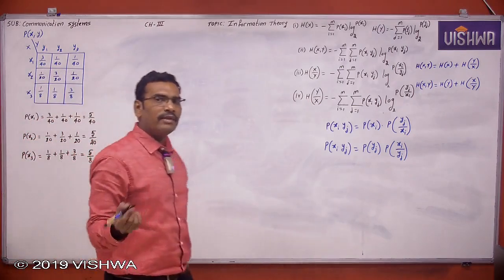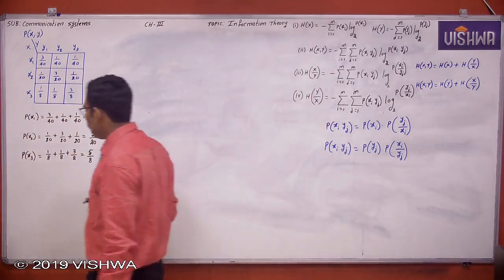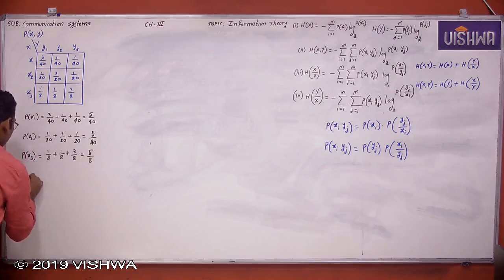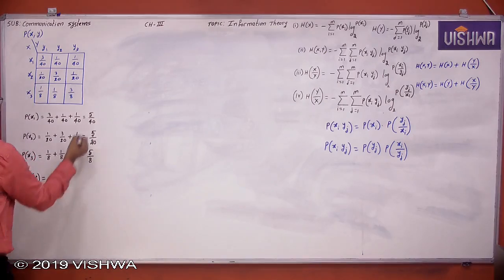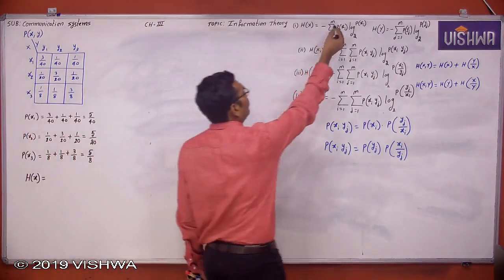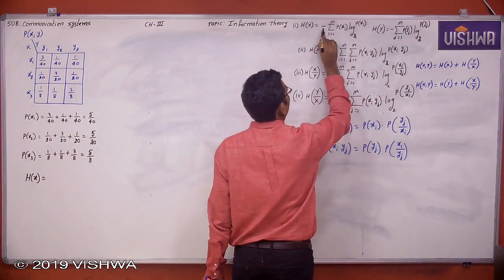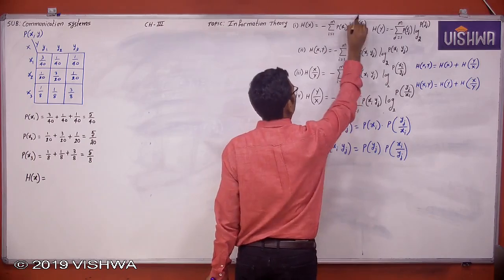Now here itself we can easily find h of x, the entropy of a source x. What is the entropy of a source x? This is the formula: if you take minus, then you can take the probability directly, otherwise it is 1 by the probability.